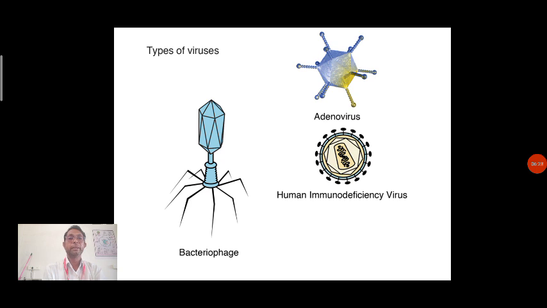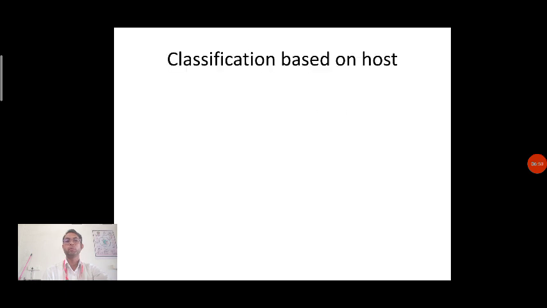Not only that, these viruses are also known as host specific, and they will grow only in a particular type of host. For example, bacteriophages will grow only in a bacterial cell, they will not grow in an animal cell. Then human immunodeficiency virus, that is HIV, is particularly for humans. It will cause the viral infection to humans only. So they are host specific, they cannot grow in another host.